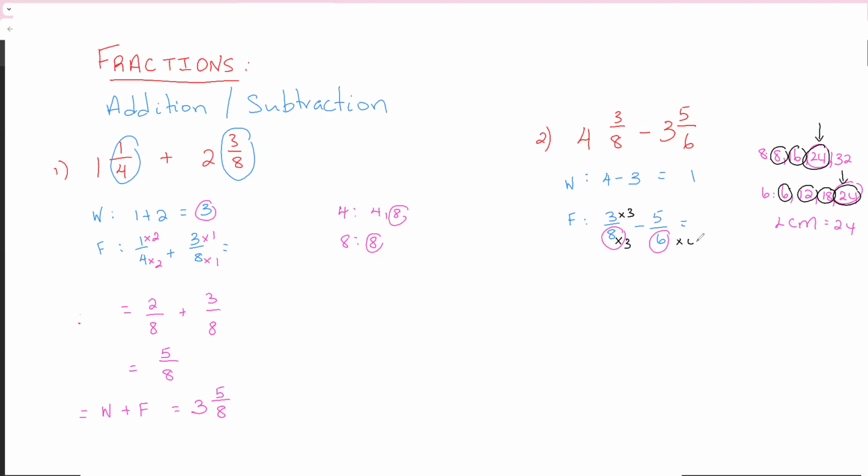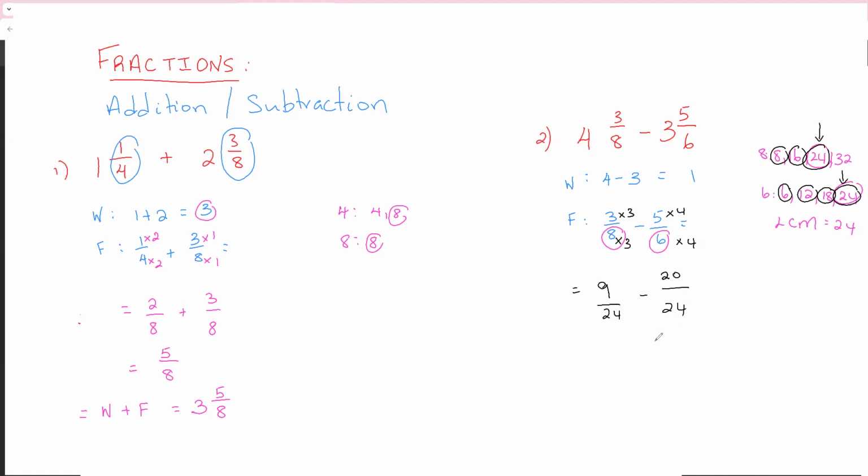Whatever we do to the bottom, we do it to the top. So this becomes 3 3s are 9 over 24 minus 5 4s. 5 4s are 20 over 24.